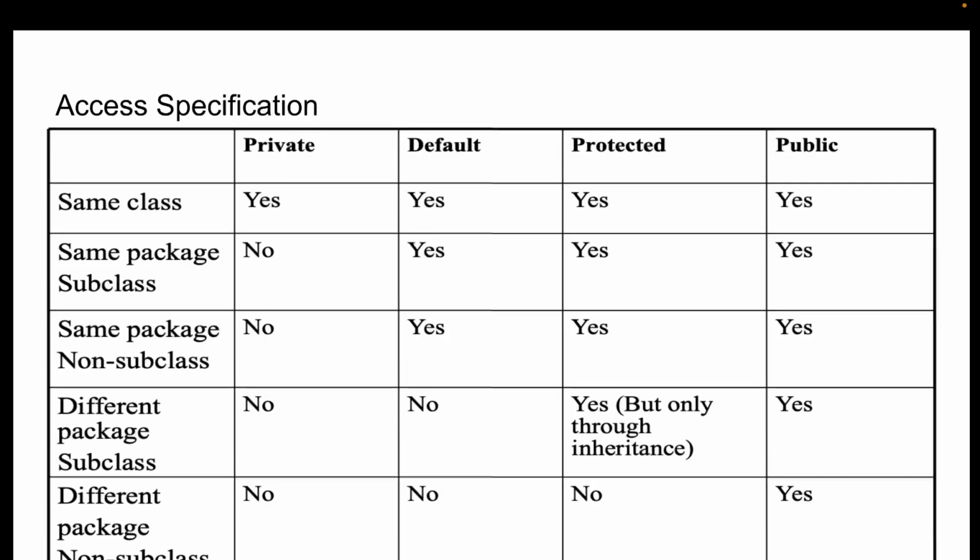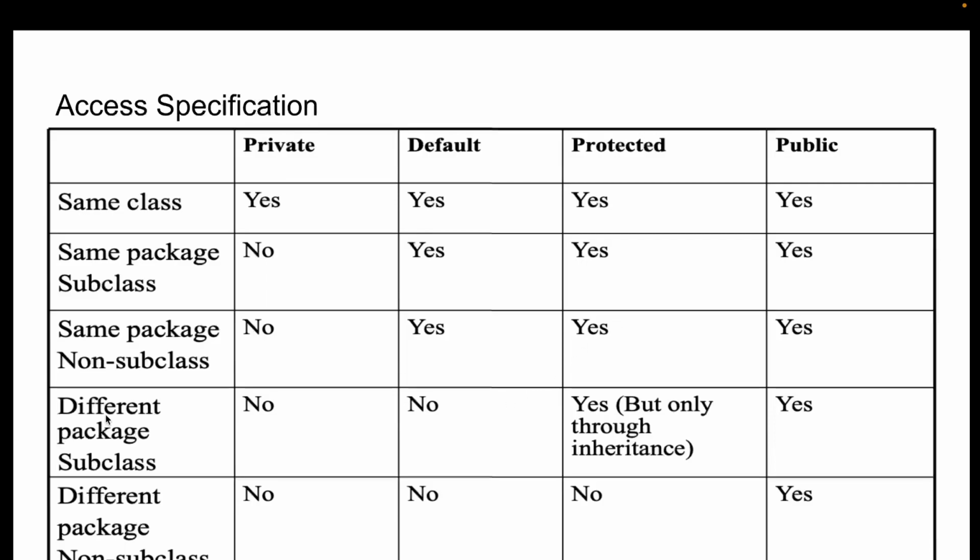Also, protected variables or methods can be accessed outside of the package, but in the other package that class has to inherit the class from the other package. Only then it will be accessible. So that is the difference.